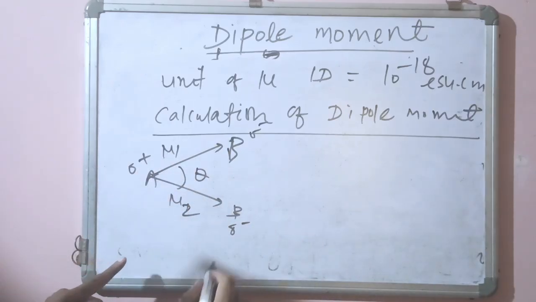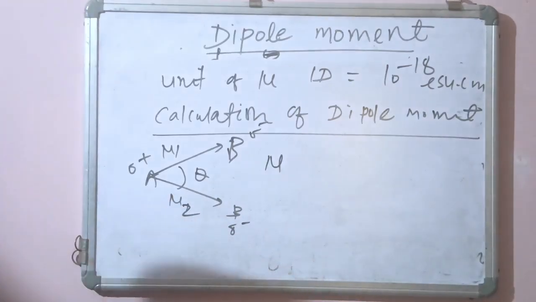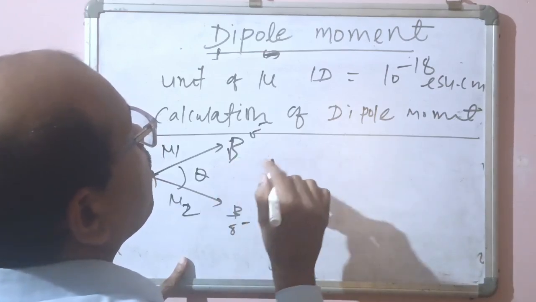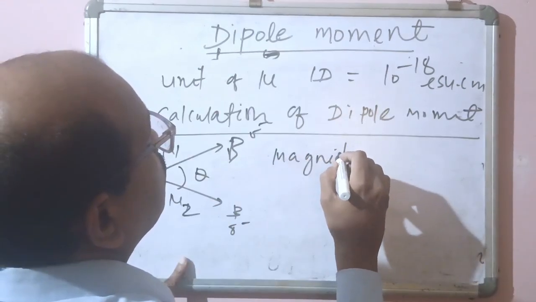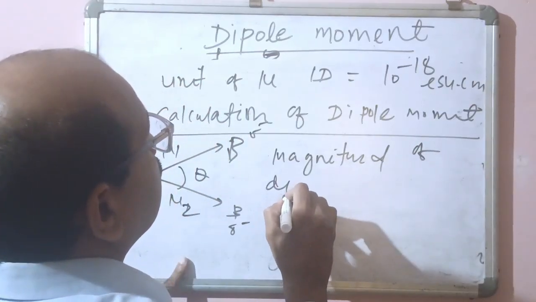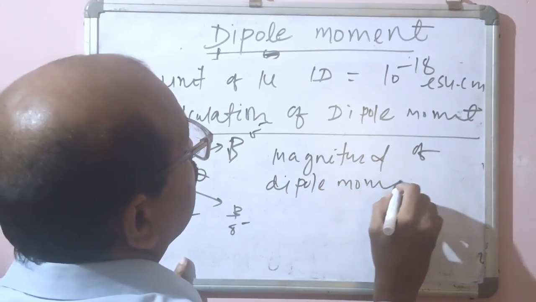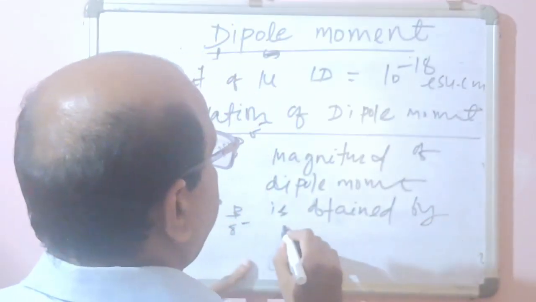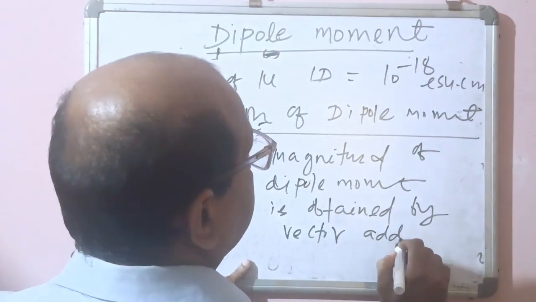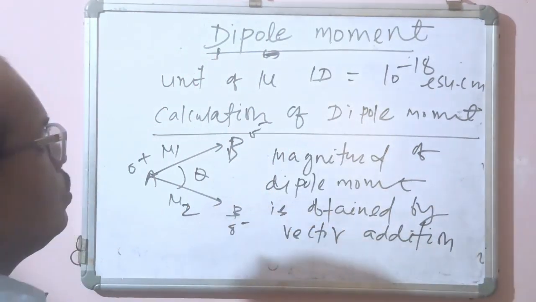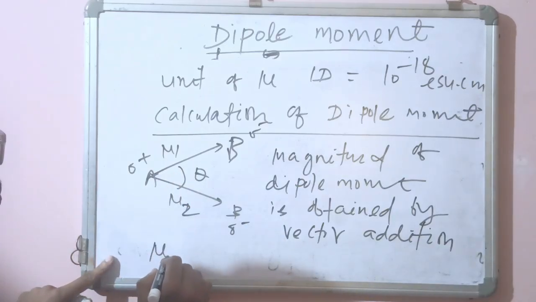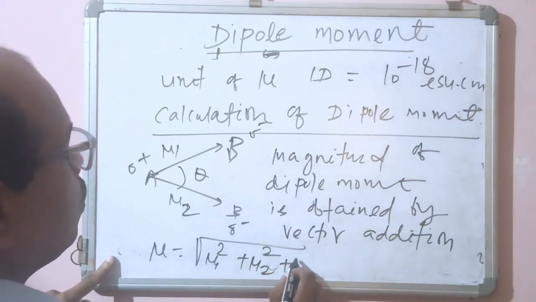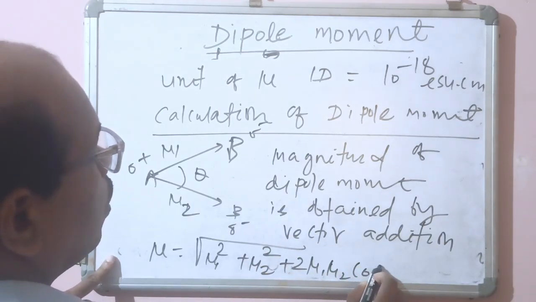Since the magnitude of dipole moment is obtained by vector addition, as studied in physics, if the angle is theta, its magnitude is the square root of mu1 square plus mu2 square plus 2 mu1 mu2 cos theta.